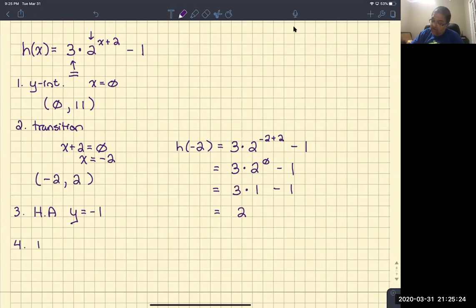Domain for all exponentials is the same. It's all real numbers. And the range is basically from your horizontal asymptote, which is -1, all the way to infinity.